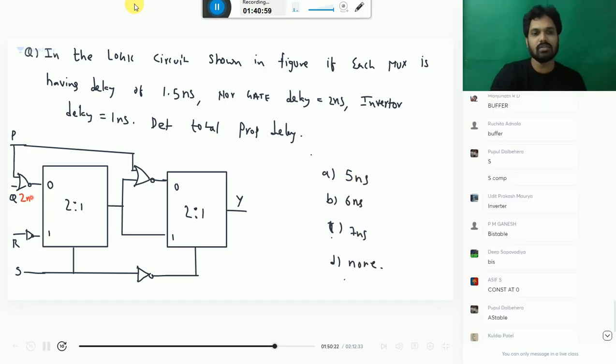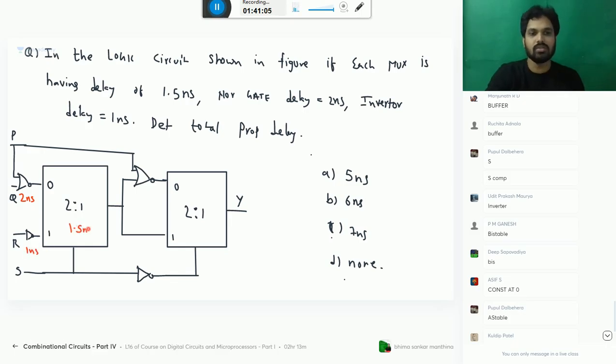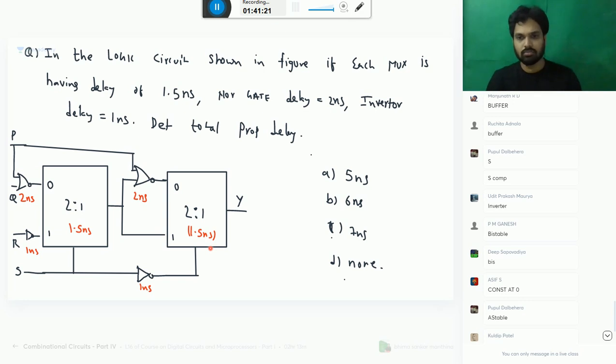2 nanoseconds. This is 1 nanosecond. This fellow is having 1.5 nanoseconds, 2 nanoseconds, 1 nanosecond, 1.5 nanoseconds. Okay.